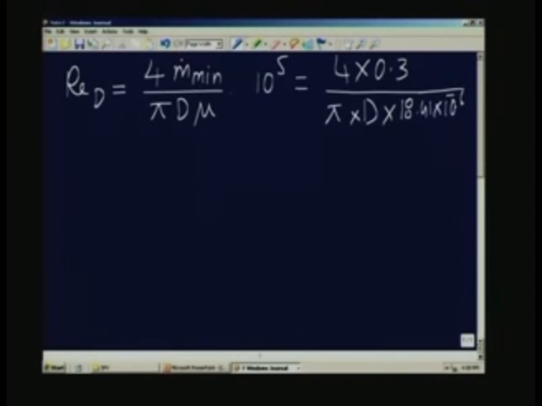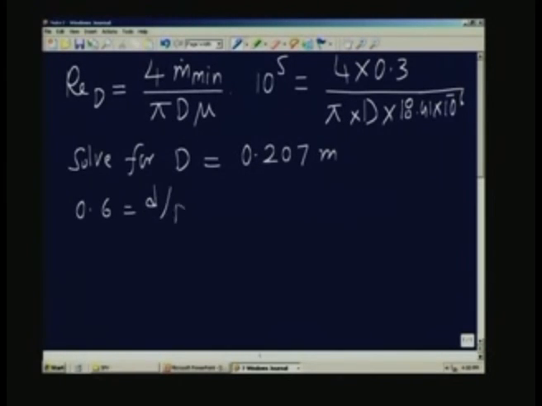Solving for D, it comes to 0.207 meters, some 20.7 centimeters. And we are also given beta equal to d by D equal to 0.6, therefore d is equal to 0.6 into 0.207 meters, and this value is 0.124 meter.